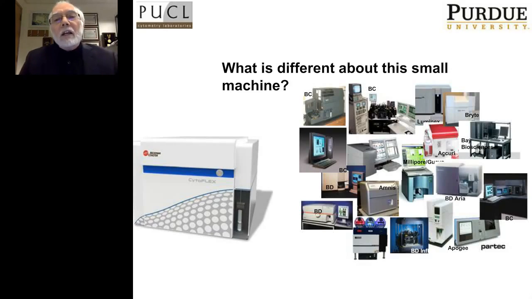If you look at the vast majority of instruments that are out there for flow cytometry, they all do a pretty good job. In general, flow cytometry is at a very high standard, and we are very glad that so many companies are building really extra high quality instruments.